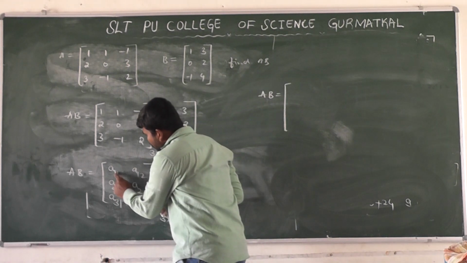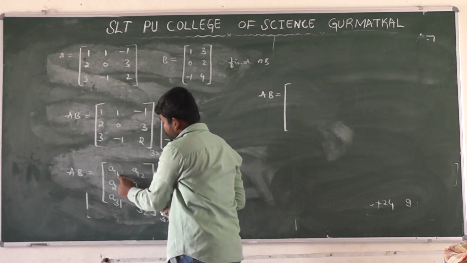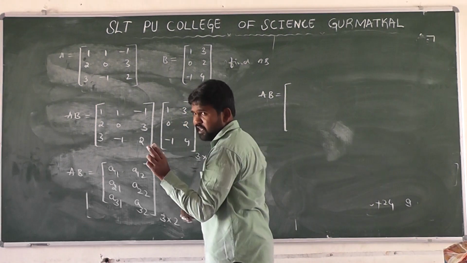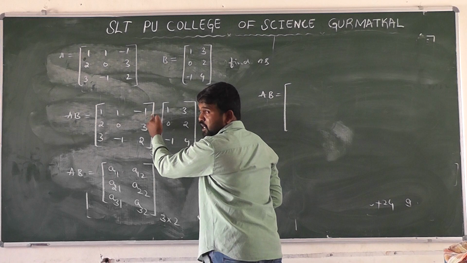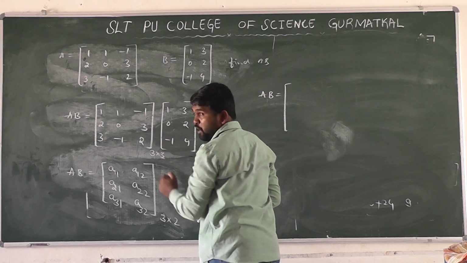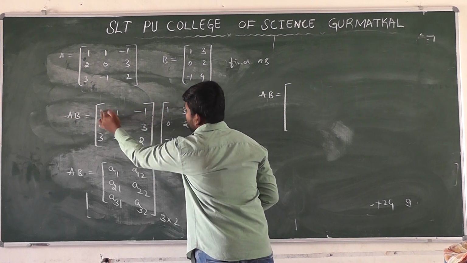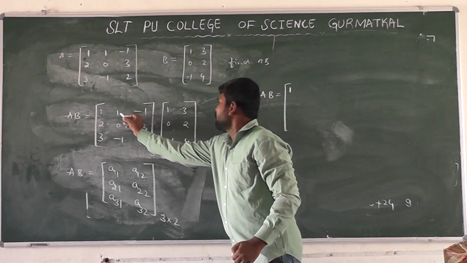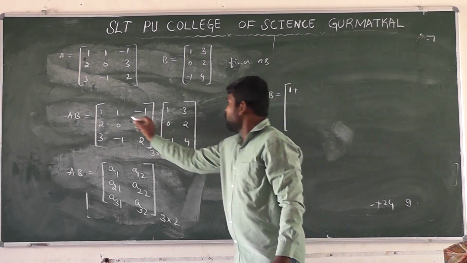Here, we multiply the first row of the matrix A into the first column of the matrix B and we get the sum. We have to multiply the corresponding elements of the matrix A rows into the matrix B columns. 1 into 1 is 1. Plus, 1 into 0 is 0.